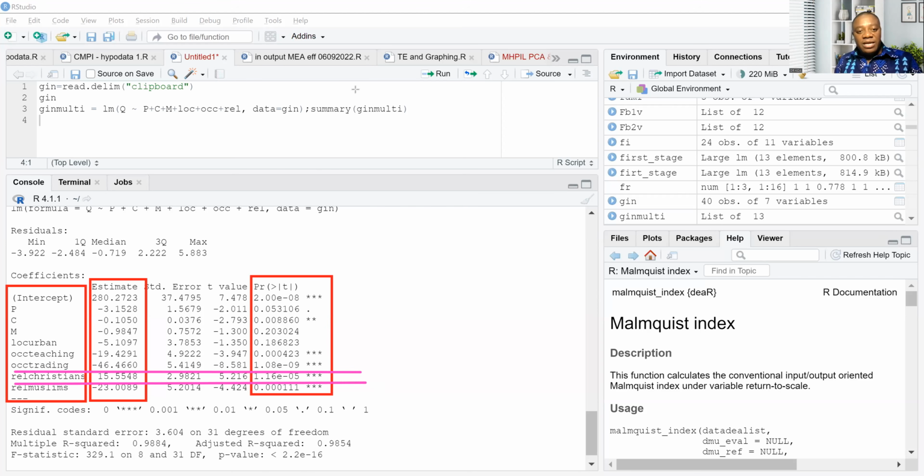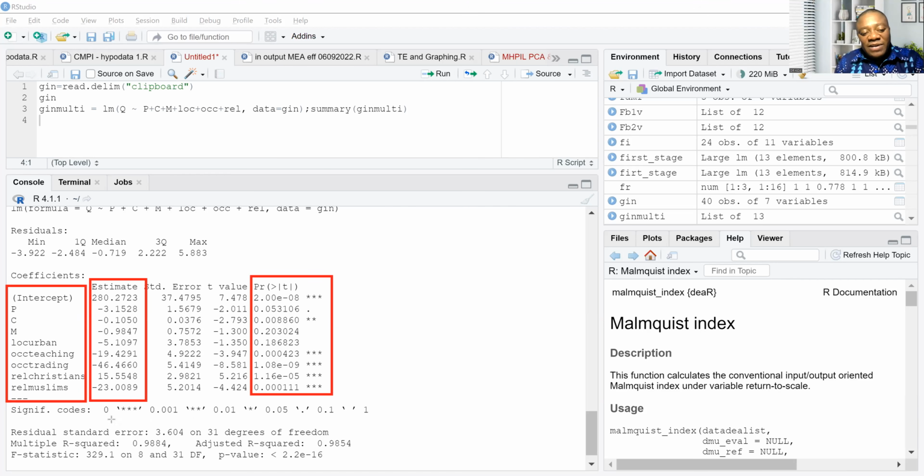Now, if you have a mathematical eye, you will notice that all those with stars are significant. All those with stars and dots, depending on whether you are doing it at 5% or 10%. The stars tell you at what level of significance.